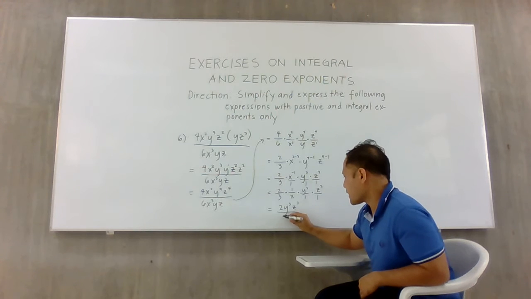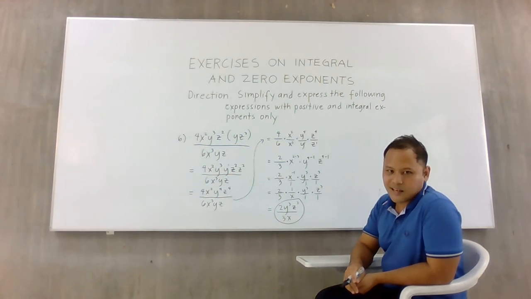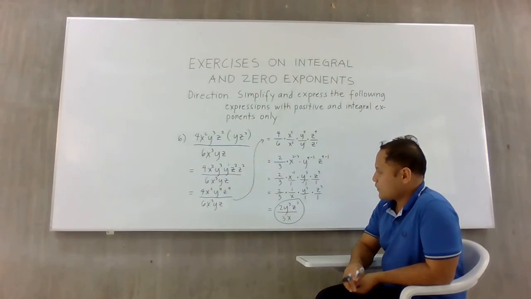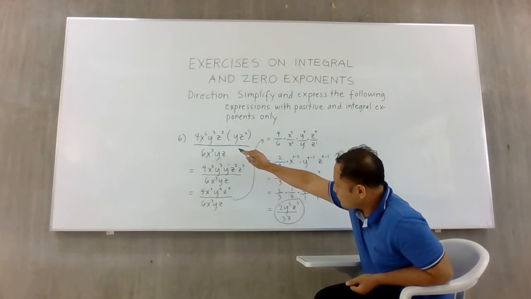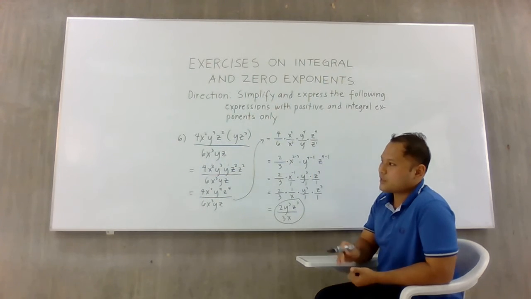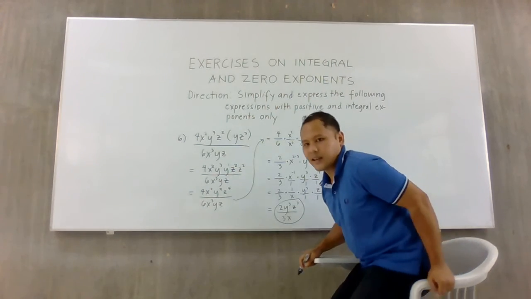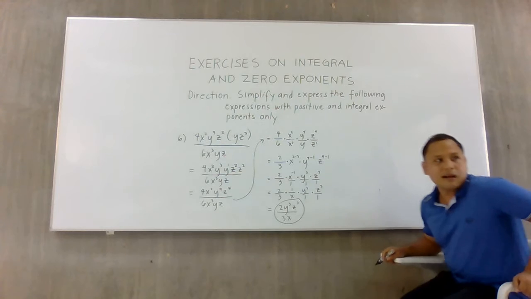The answer is 2y cubed z cubed over 3x. And this is the final answer. Amazing. From that complicated expression, that becomes this simple algebraic expression. Let's proceed to number 7.